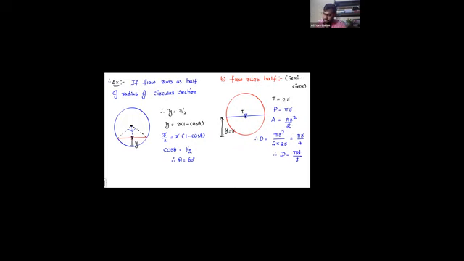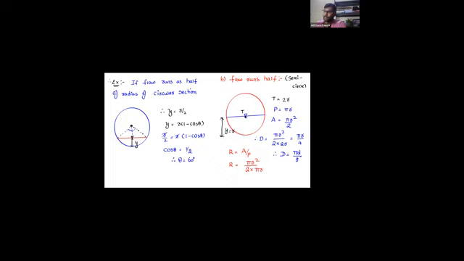And similarly, you can find out the hydraulic radius. R is equal to A by P. So what is the R value? Pi r square by 2 divided by what is the P value?